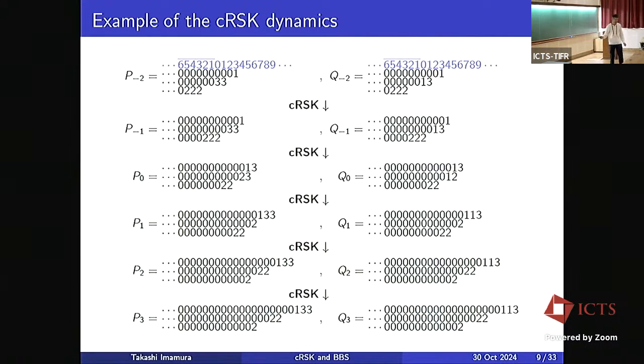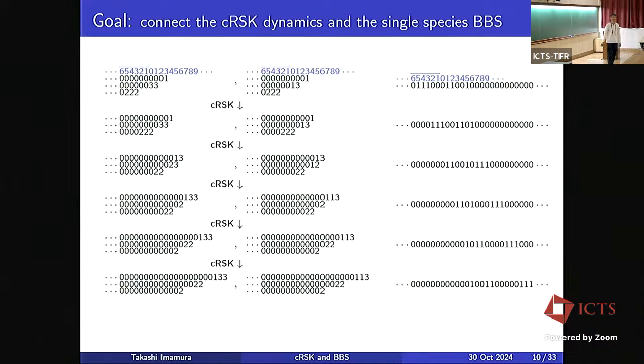It is very similar to the box and ball system. So this is the goal of my talk: we connect these Skew column RSK dynamics with the box and ball system.